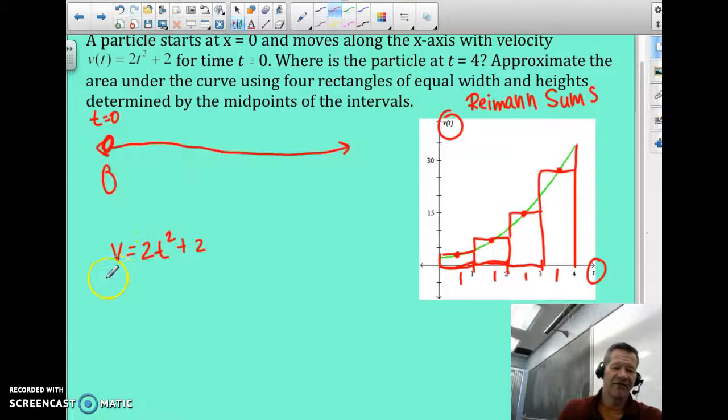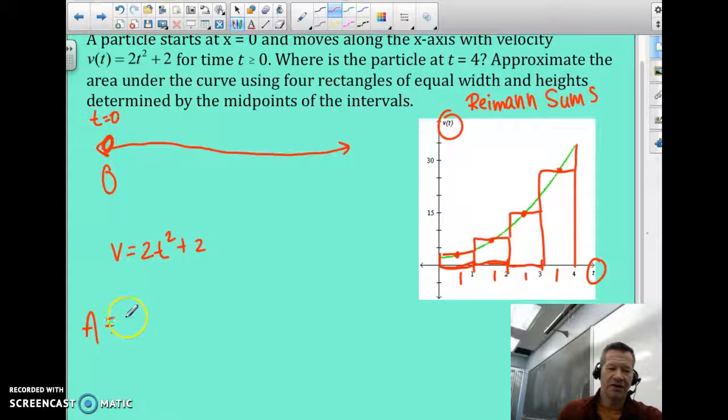To find this area, since they all have a base of 1, instead of going 1 times this plus 1 times that, I'm going to factor out the 1 and find each height. The first height would be the velocity at the first midpoint, 1/2, plus the velocity at 1.5.